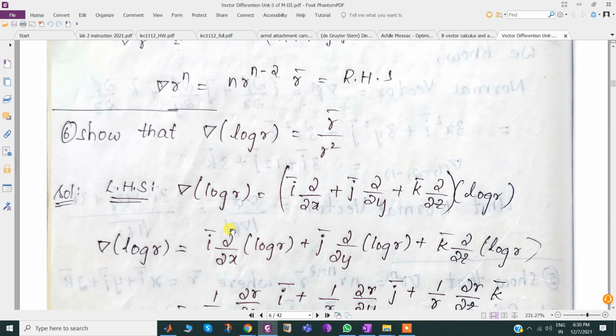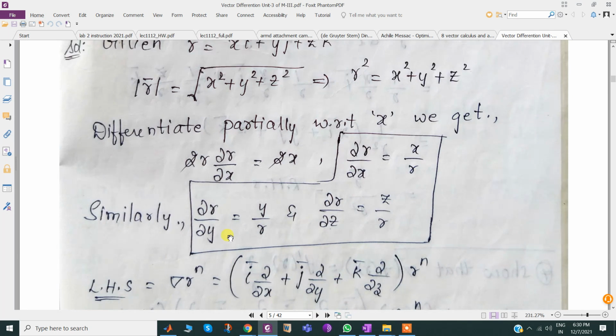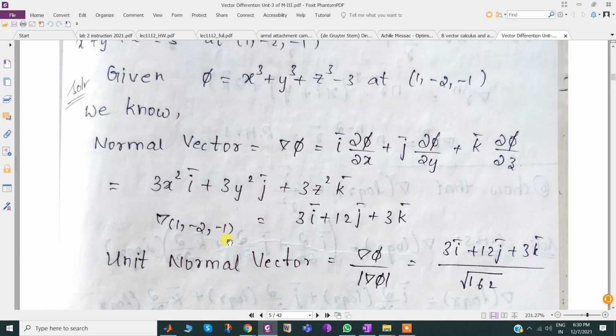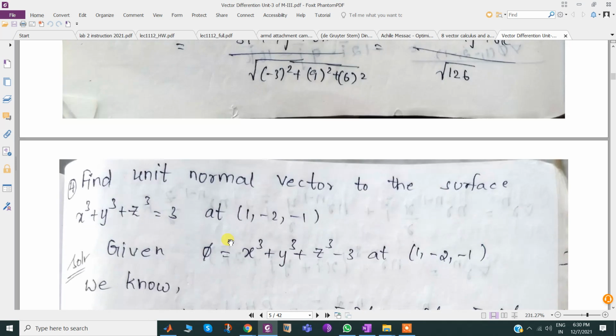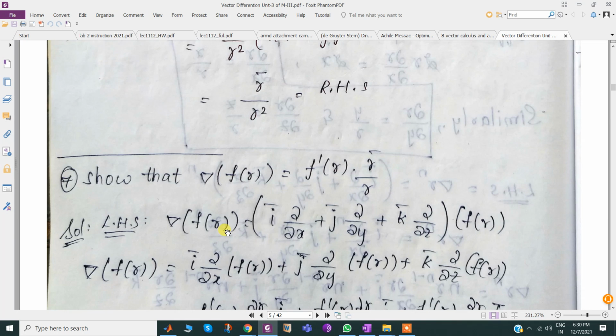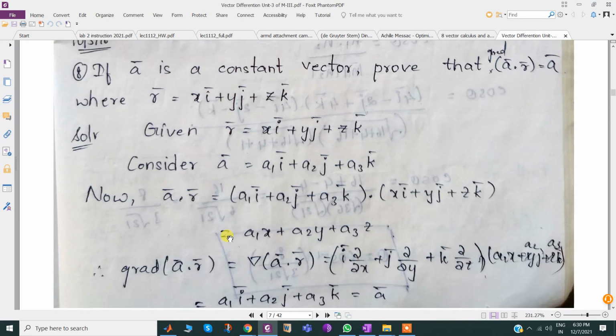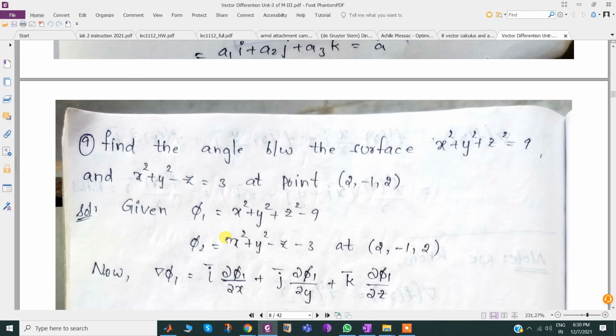These problems we covered already. About the directional derivative we were supposed to discuss, this aspect is covered already. Angle between two surfaces, this also I am supposed to cover.